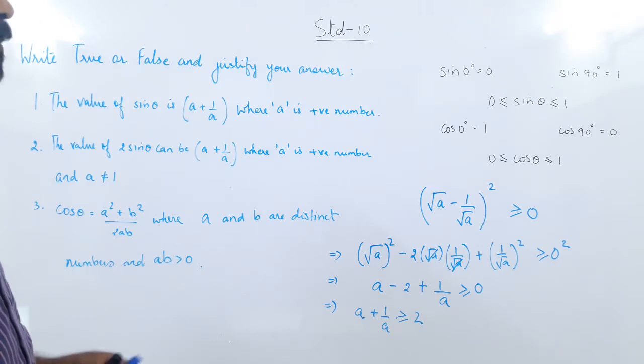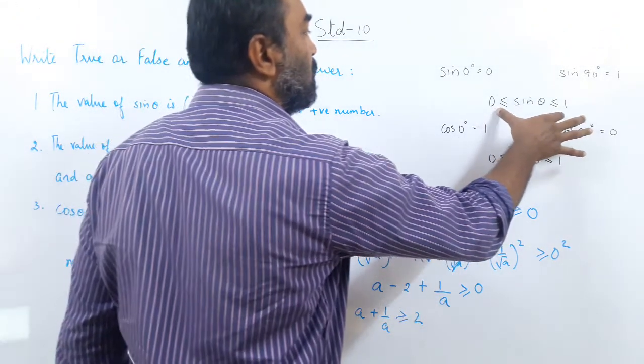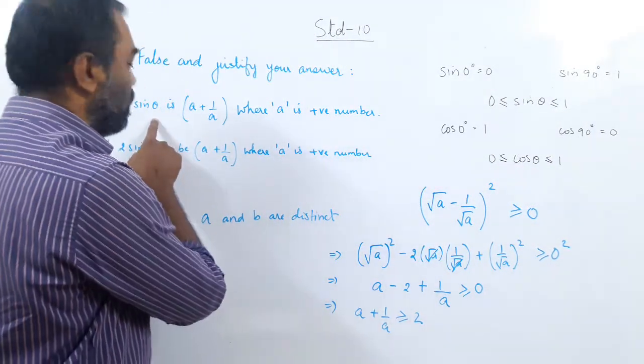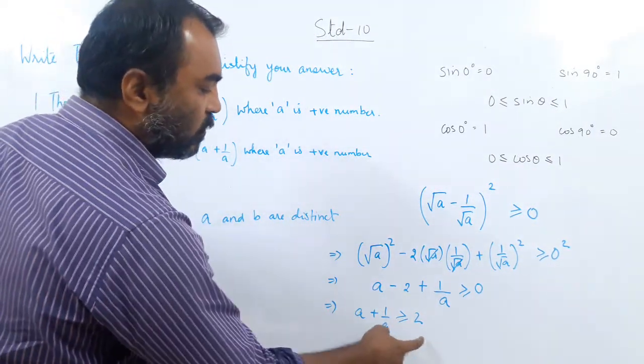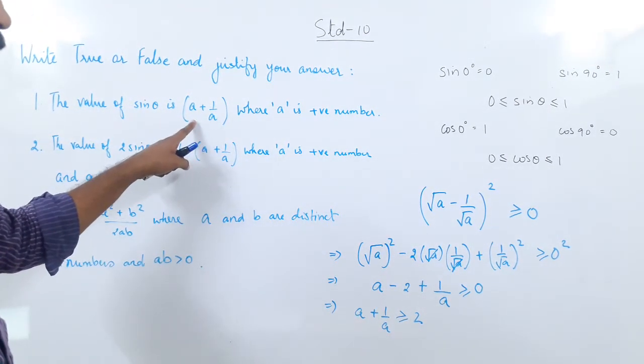Okay? Now the value of sine theta will always be between 0 and 1. So the value of sine theta can never be this, because look at the value.